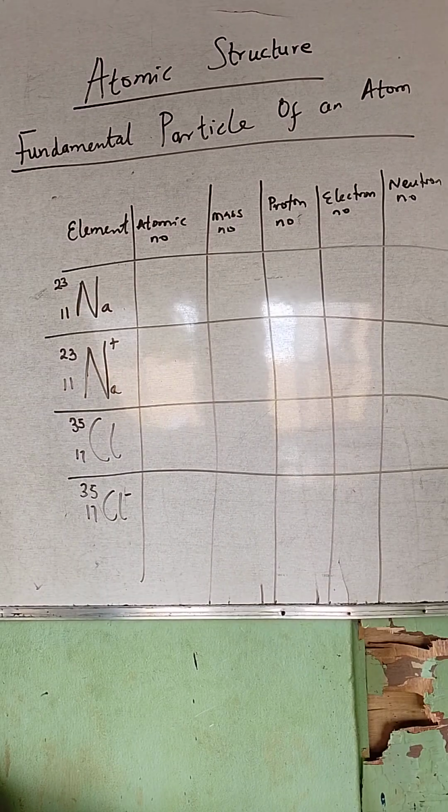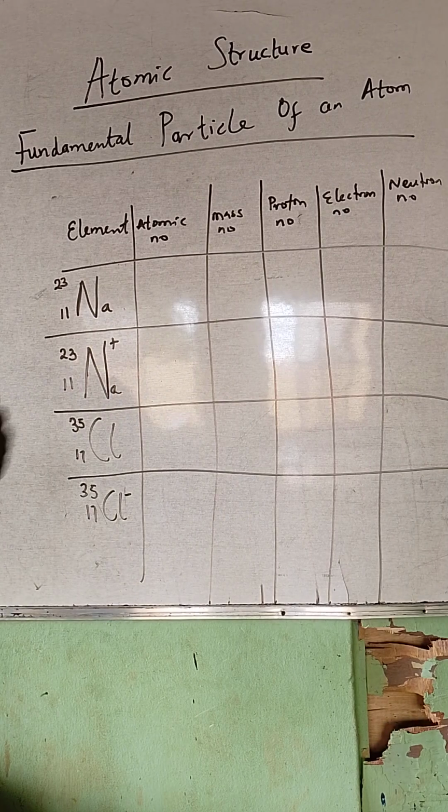Now looking at this question, I want to analyze this question on the board. How do you solve this? This is sodium atom. The next one is sodium ion. The third one is a chlorine atom, and the last one is a chlorine ion.